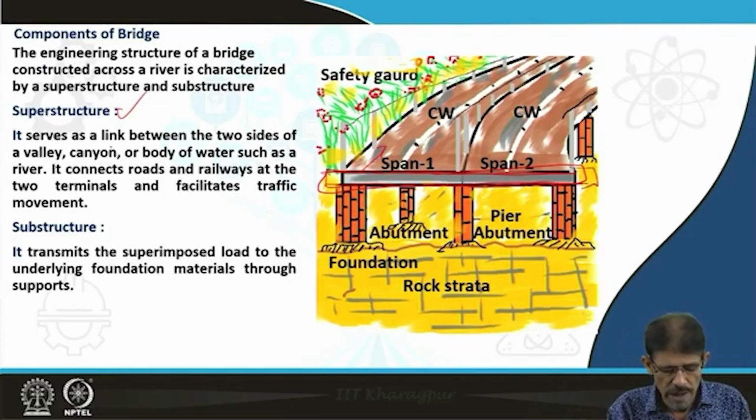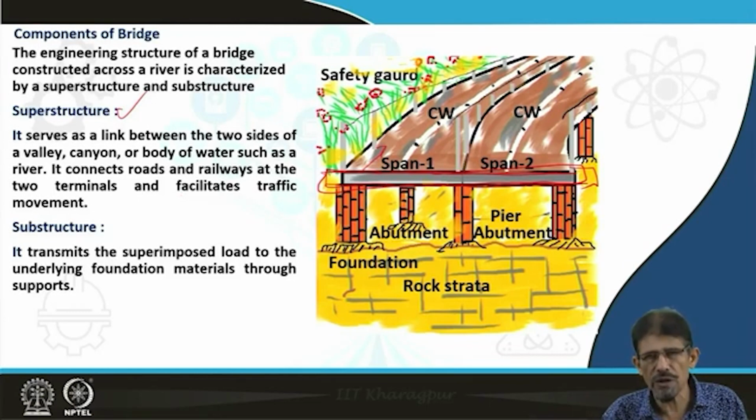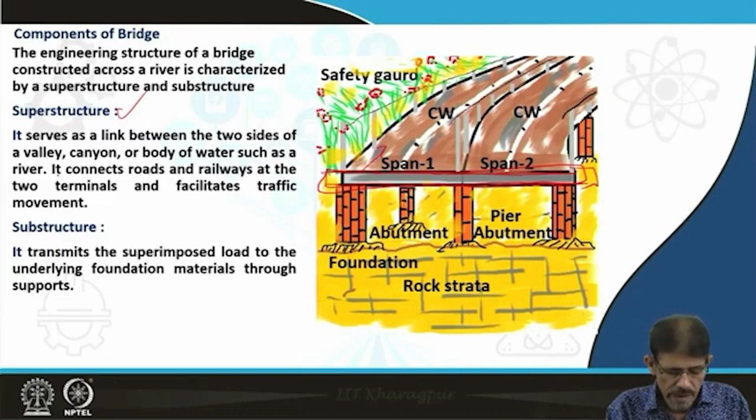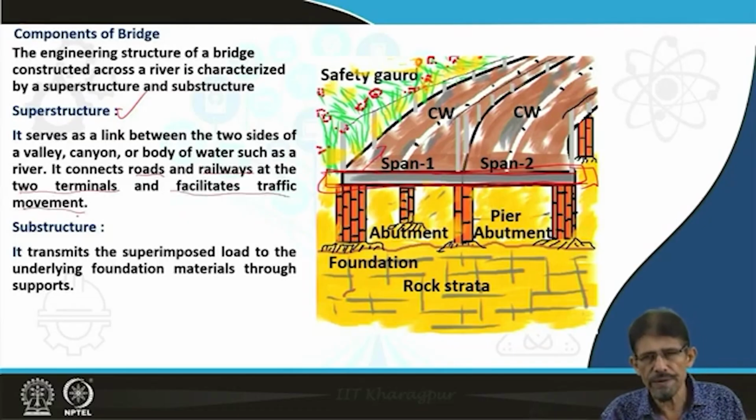It serves as a link between two sides of a valley, canyon, body of water, fire zone, or mines, or any danger zone. It connects roads and railways at the two terminals and facilitates traffic movement.